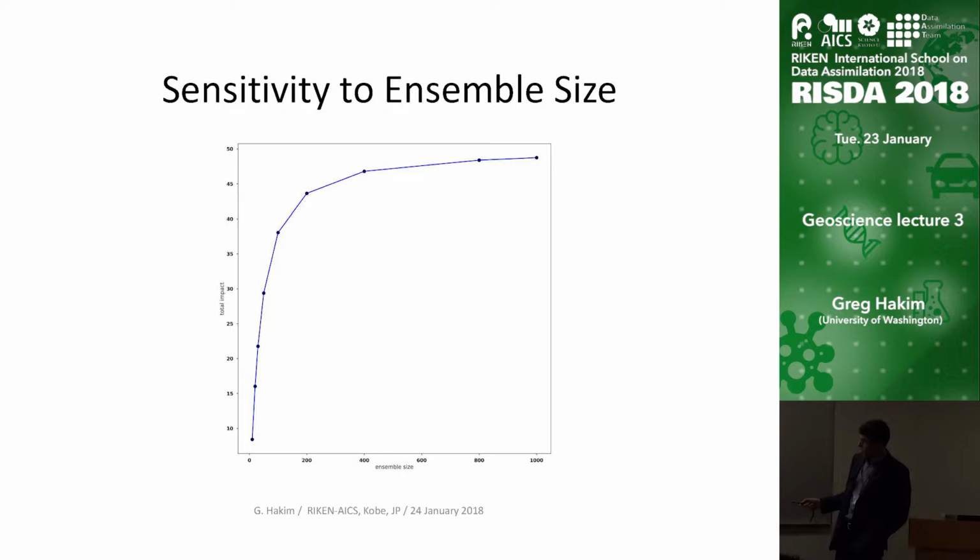This is a very small ensemble here, I believe a 10-member ensemble, and this is 1,000 over here. So what we have is a very steep increase in the amount of information we get from the measurements. It's the same observations for all these experiments. It's just that we're able to get more information from them by having a better estimate of the prior covariance. The better estimate means we have more robust connections between variables and space.